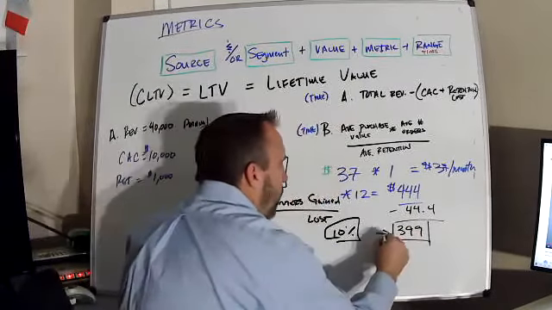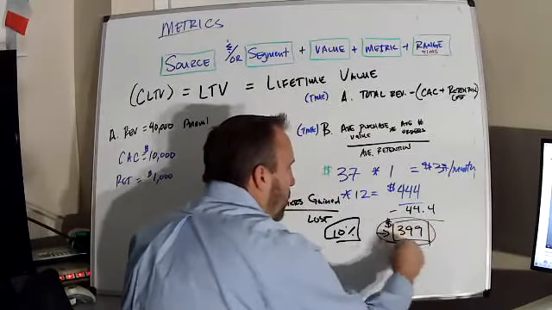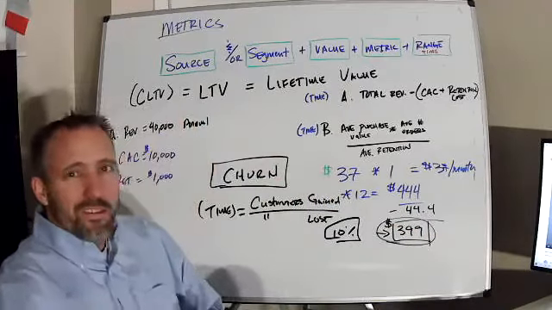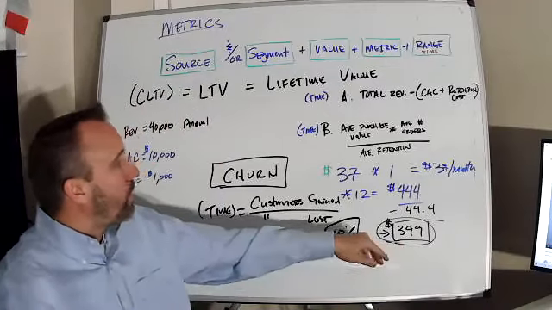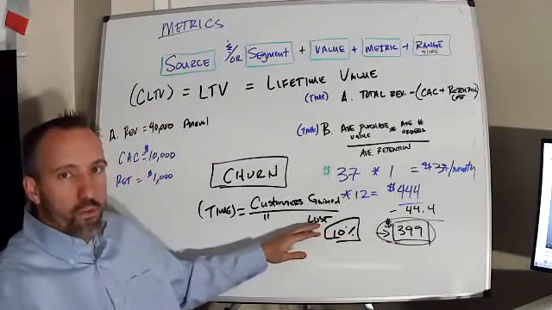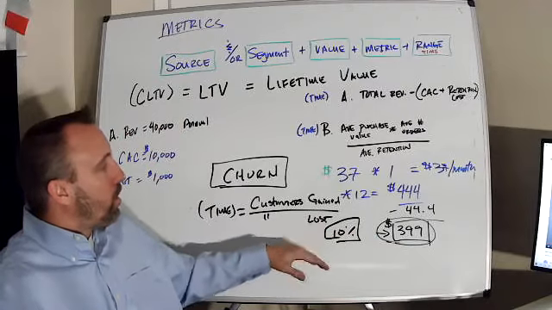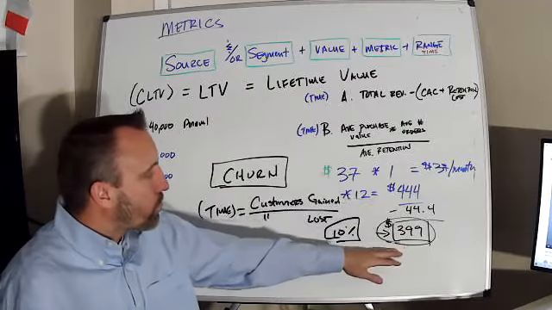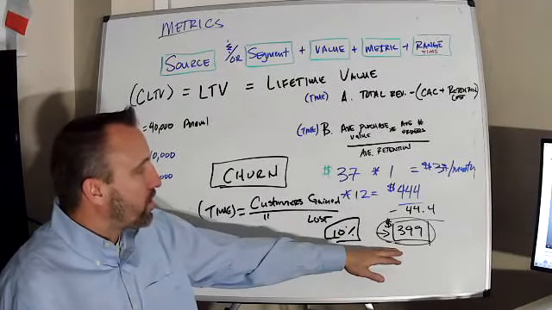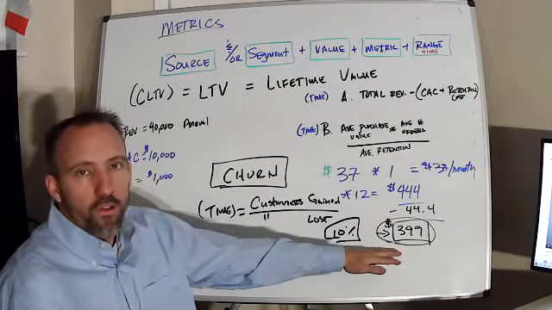Now we can use this number, and again, this is somewhat guessing because we don't have exact data, but based on our current rate of churn, and the fact that they're going to stay with us for a year, we can see that our average customer is going to spend about $400 with us.